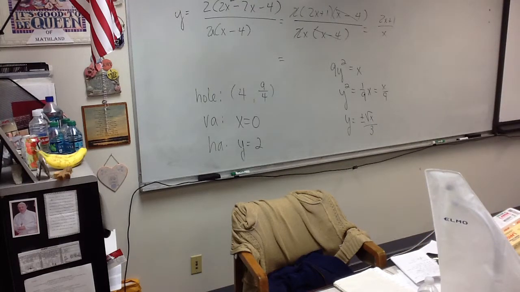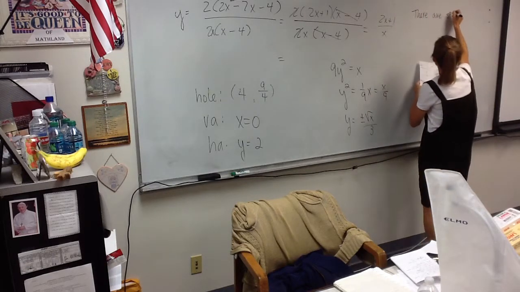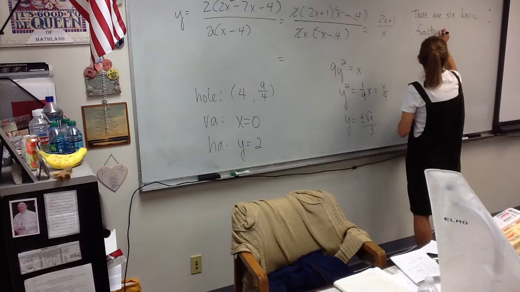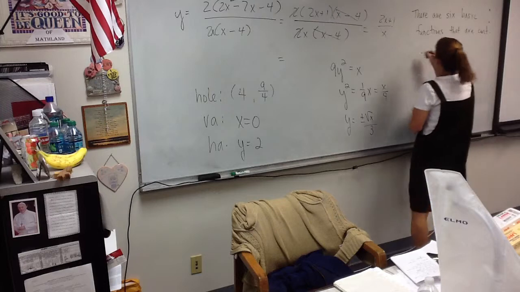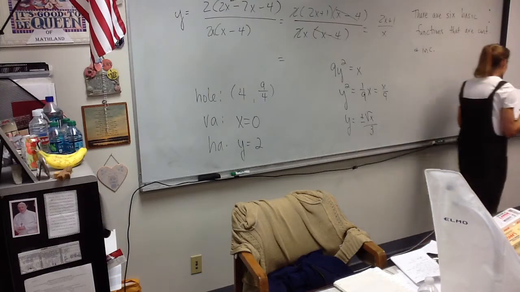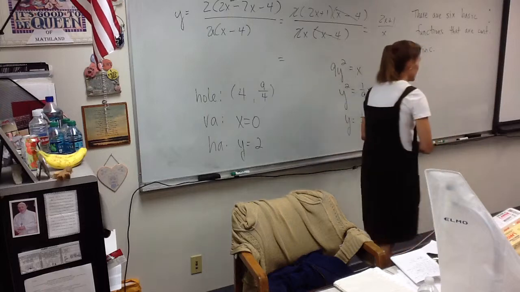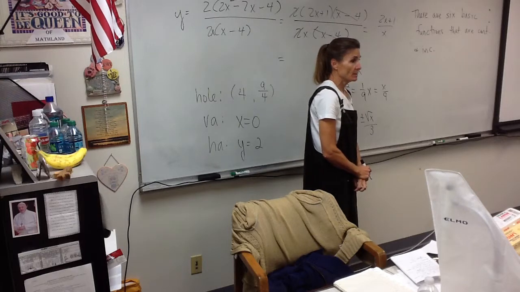One of their quiz questions was this: there are 6 basic functions that are continuous and increasing. Name or write the equation for 4 of them. So you really have to know what your basic functions look like, and you have to know what increasing and continuous mean.